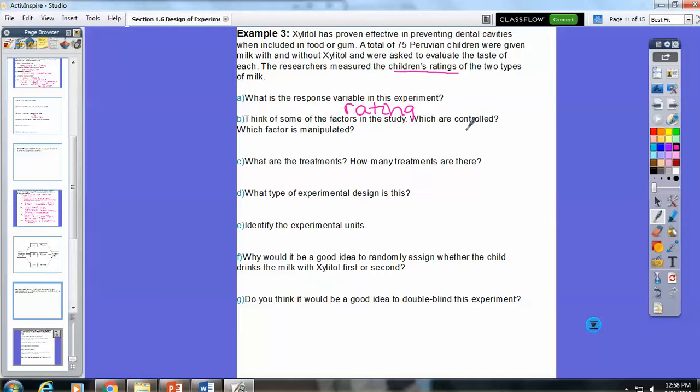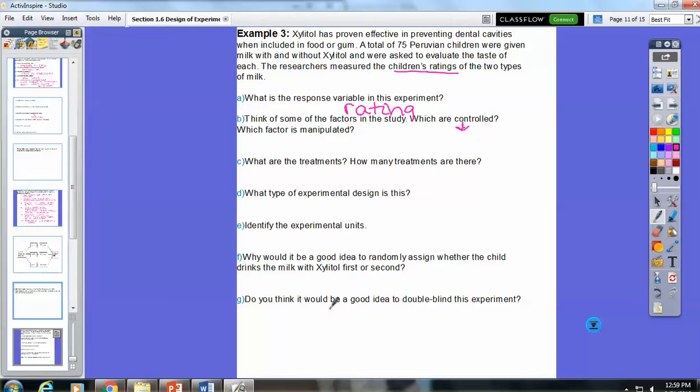Think of some factors in the study, what's controlled and what's manipulated. So, controlled, these are things that may have an impact, but they're aware of it and they can try to control. What are things that might make a difference? They're all Peruvian. Okay, so we picked one nationality here. Do all children have the same things?